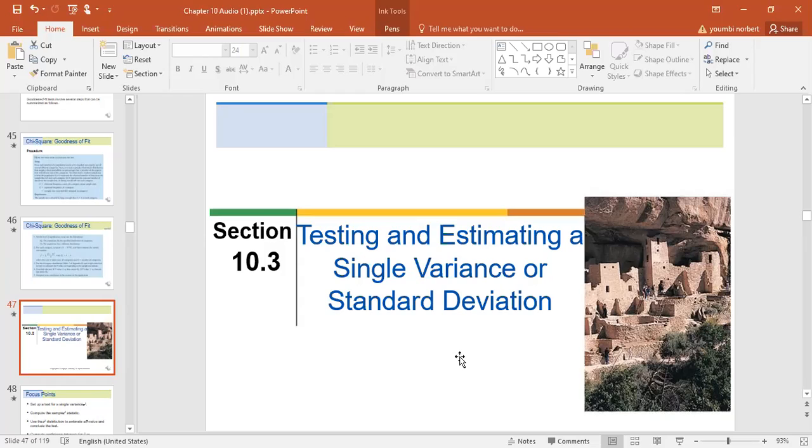Because this is alpha. If this is alpha, it's always a right tail, then the left part of it is 1 minus alpha. And for a two tail, here is alpha over 2, here is alpha over 2. Chi-square 1 minus alpha over 2. Chi-square alpha over 2.